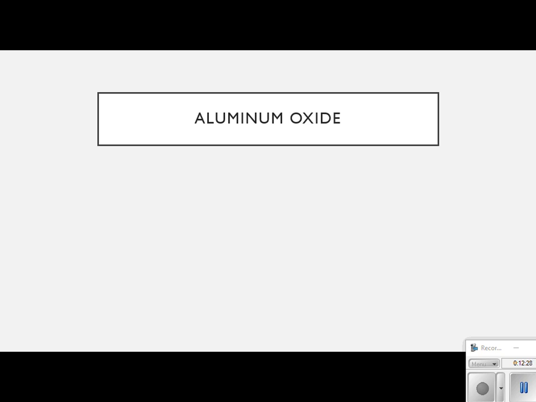So what are you anticipating its charge being? +3. Find aluminum now on your ion sheet here. I like this ion sheet because it matches and shows you the periodic table. So find aluminum there. Is aluminum a +3? Absolutely. So I've got this aluminum here, 3+.